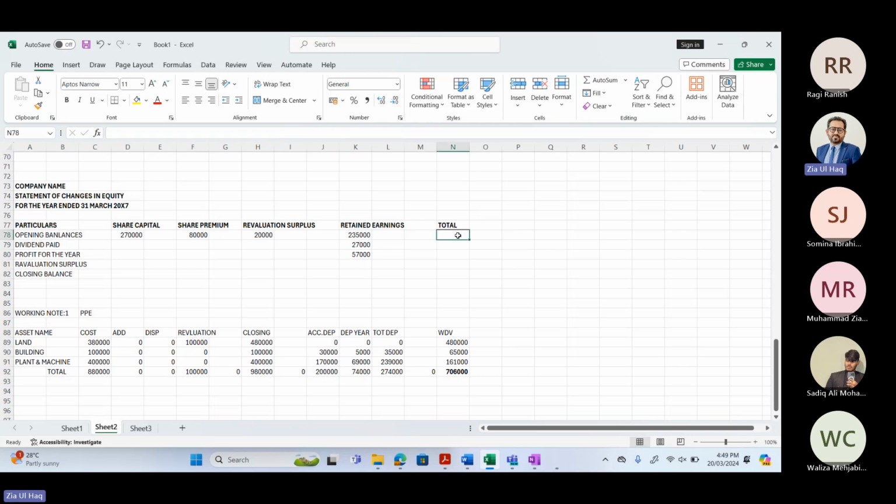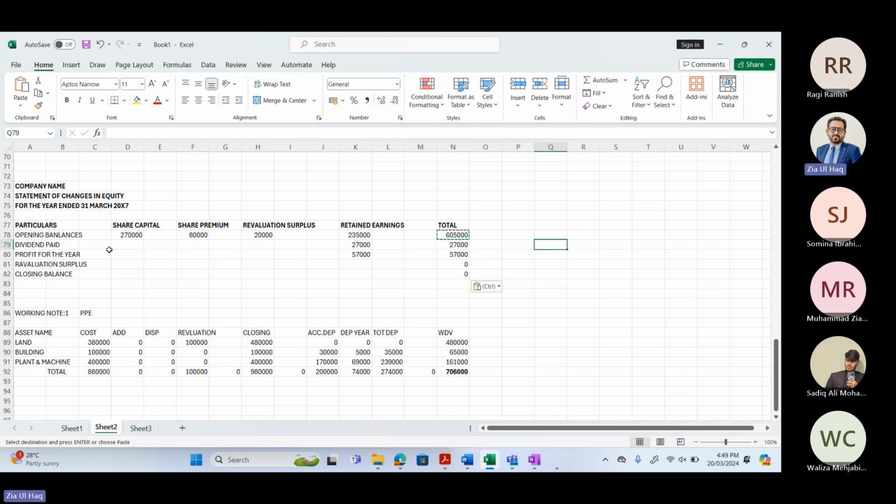So this total should be equal to this plus this plus this plus this. Enter. And this formula, Control C, and fill it down. Control V.